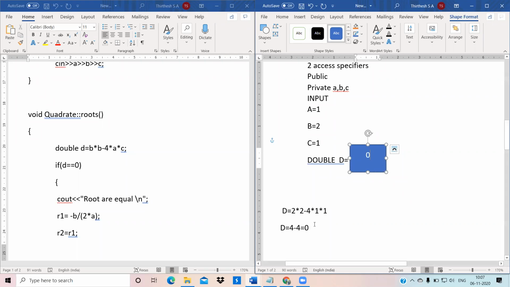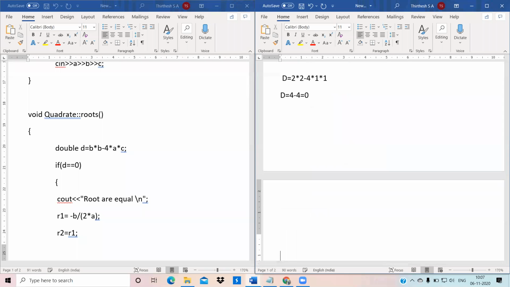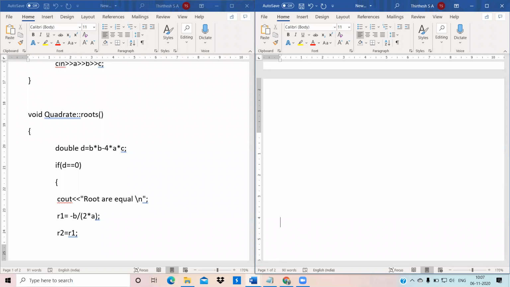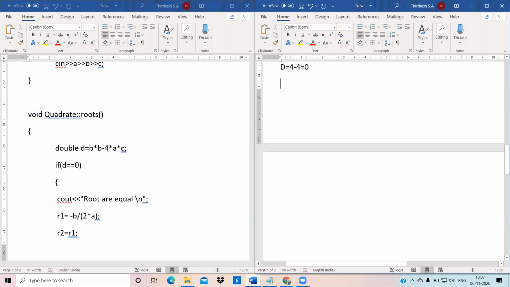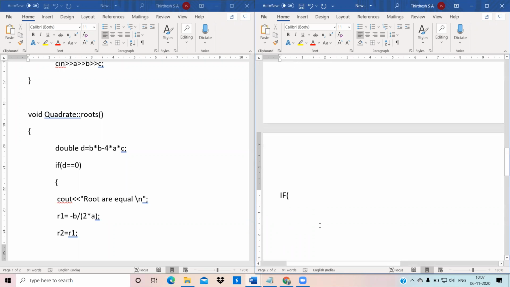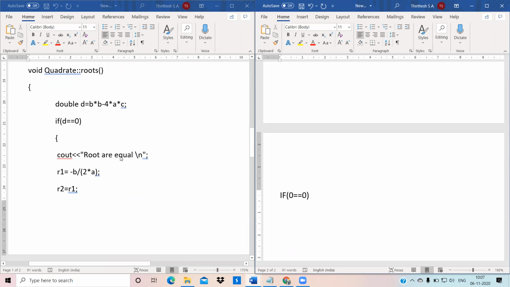Now you are going to check if d, as you know your d value is 0, if d double equals to 0, it means the roots are real.